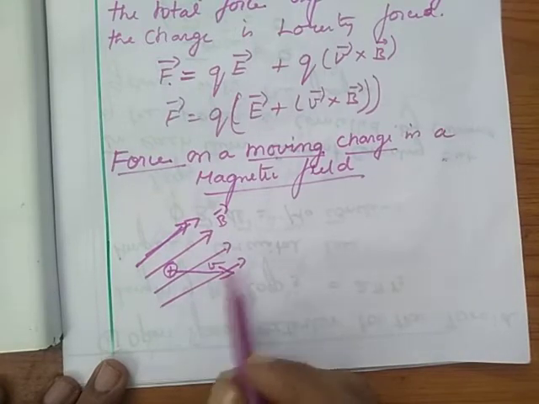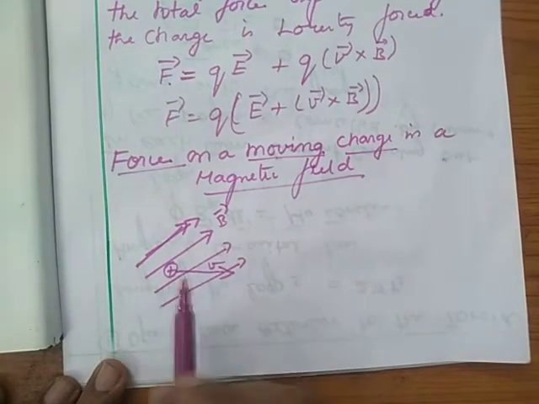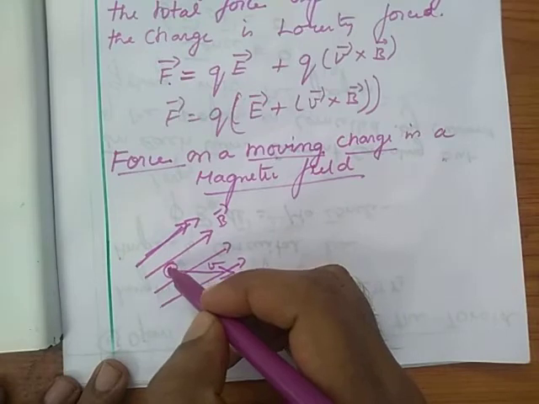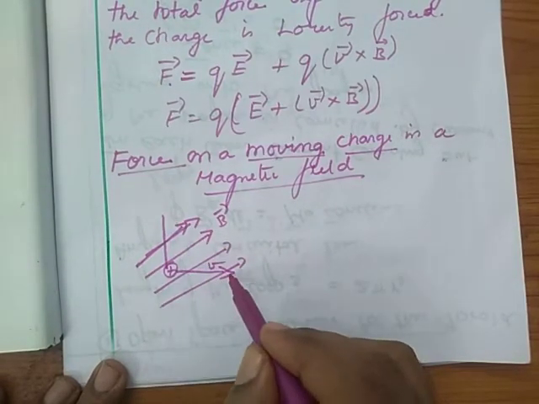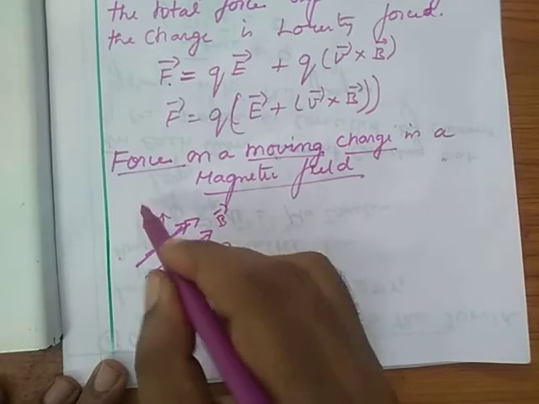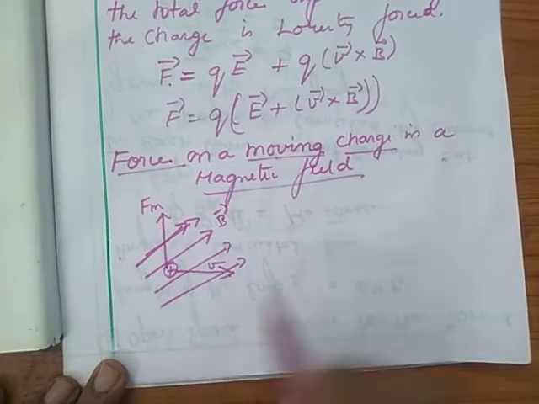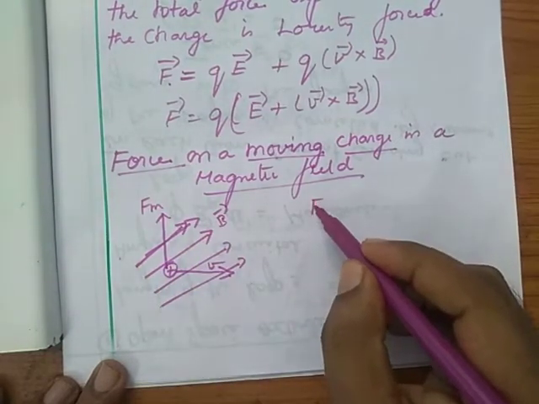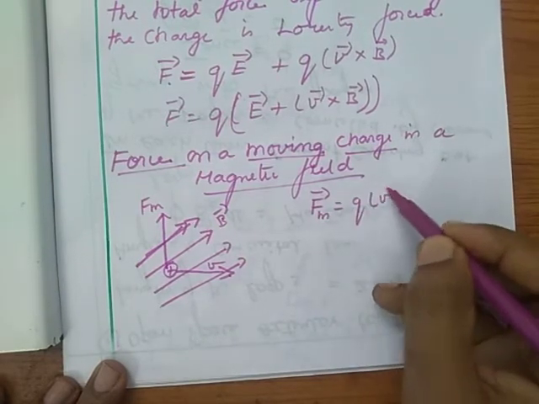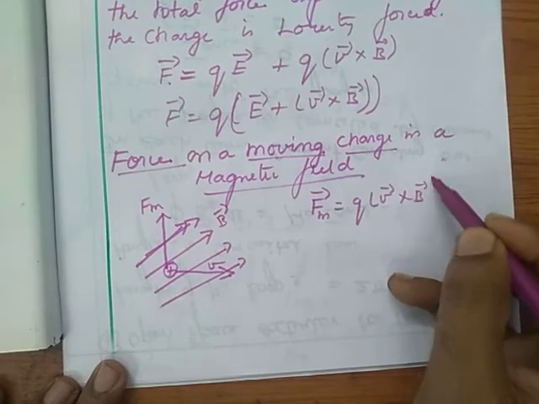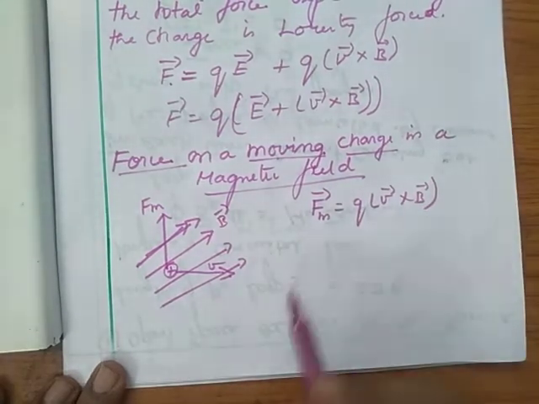Then the force experienced by the charge is known as magnetic force. That force is always perpendicular to v vector and B vector for a positive charge. That force is equated as Fm vector is equal to q v vector cross B vector.